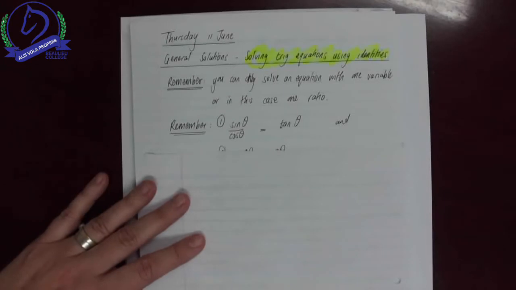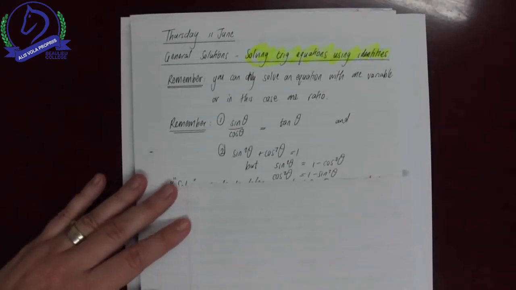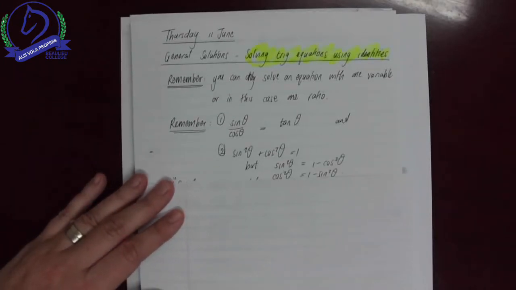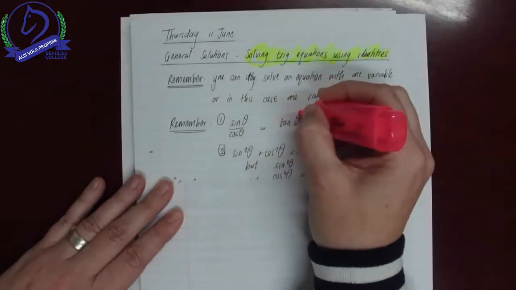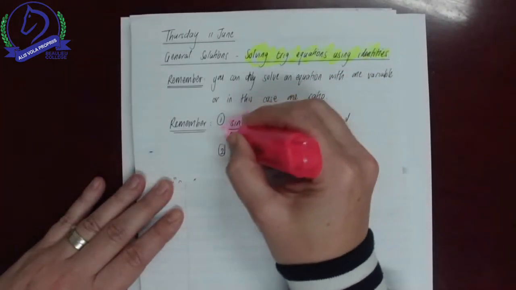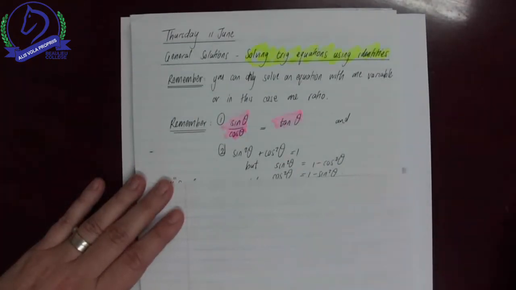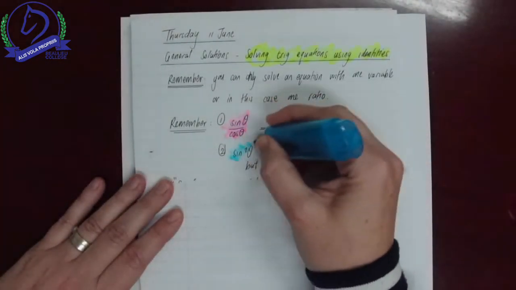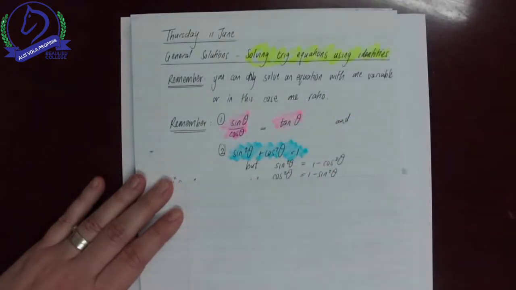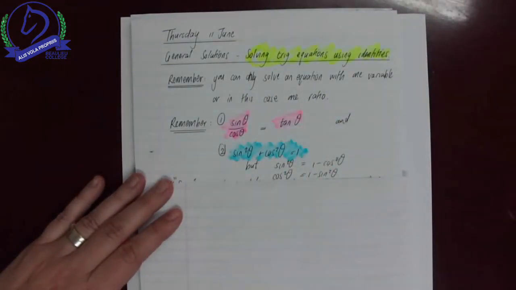Okay, what is the second thing I need to remember? What are my identities? I know that the first one, tan theta, can be sine theta over cos theta. And the second one there, I know that sine squared theta plus cos squared theta is equal to 1. And I can rearrange that equation so that I isolate sine and I isolate cos.